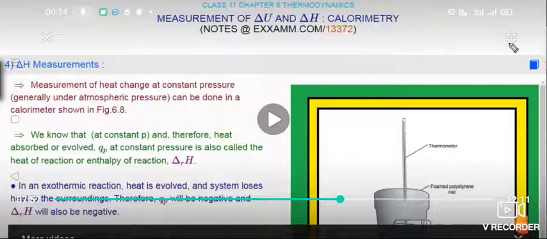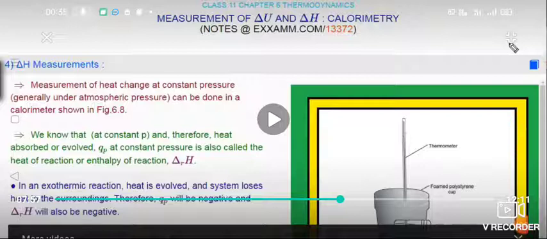So what do you mean by specific heat capacity? It is the quantity of heat required to raise the temperature of 1 unit mass, that means 1 gram, by 1 degree Celsius or 1 Kelvin. That is known as specific heat capacity. Q, heat energy, is equal to C into M into delta T. C is the specific heat capacity.